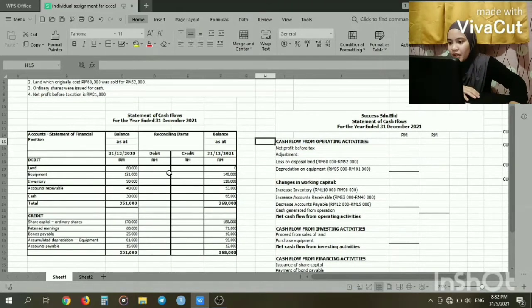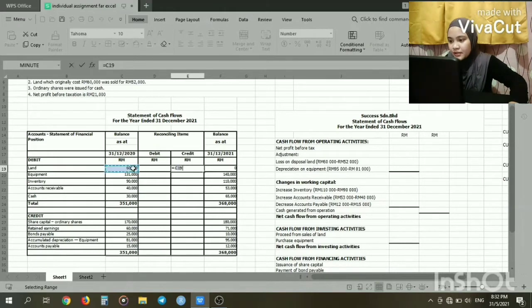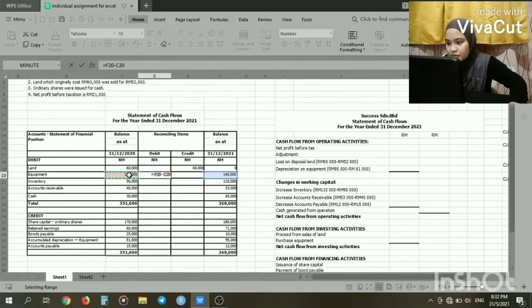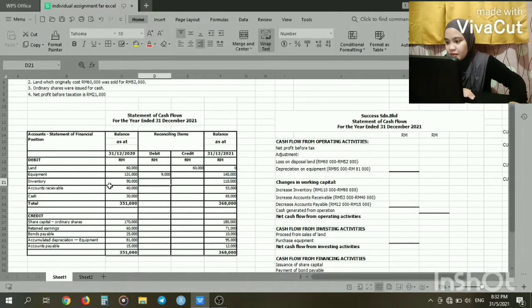For land, we need to put the amount at the credit side because we assume that the land has been sold. For equipment, the amount goes at the debit side, and we need to deduct the figure. For inventory as well, at the debit side, we need to deduct the ending and the beginning balance. Same goes with accounts receivable.